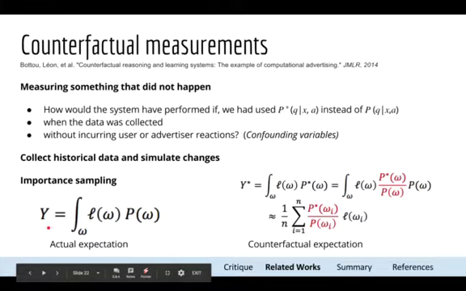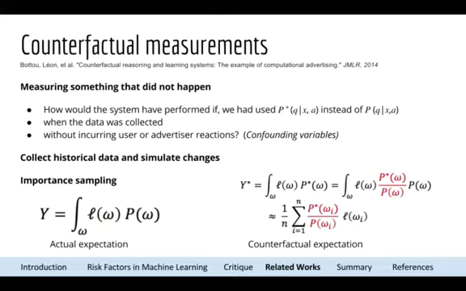Y is the original expected yield on P, while Y star is the expected yield after applying the counterfactual. Y star can be approximated through a statistical concept called importance sampling.